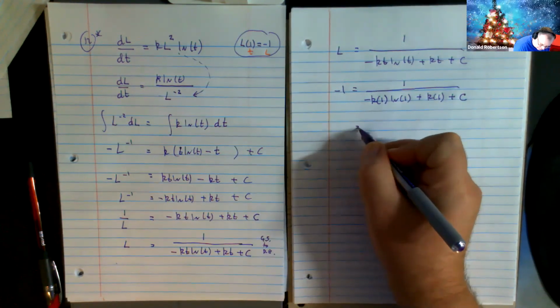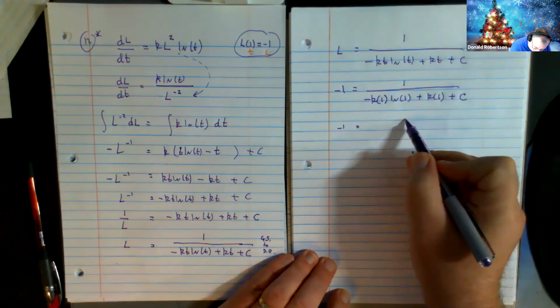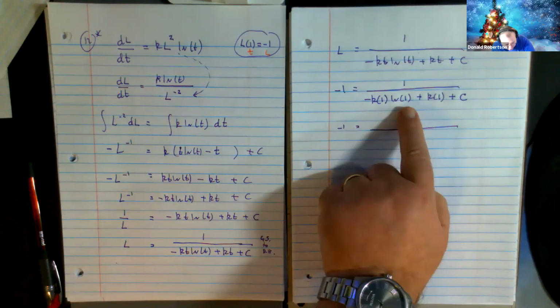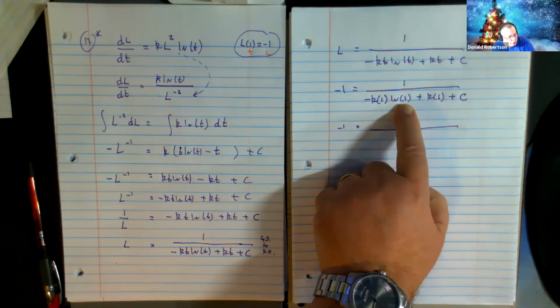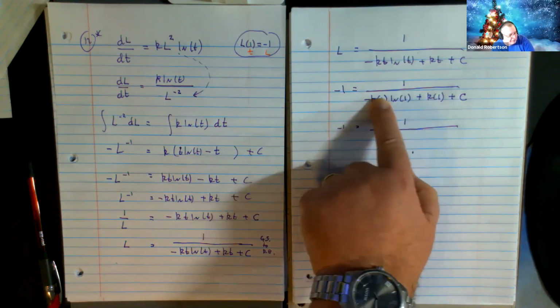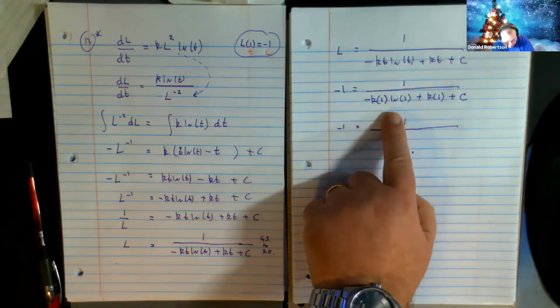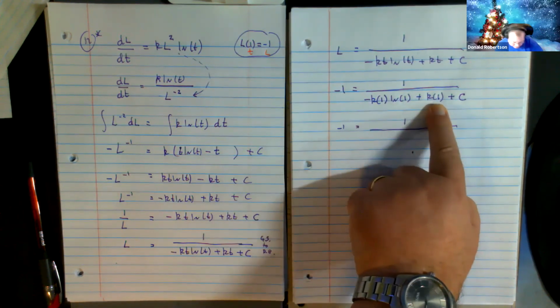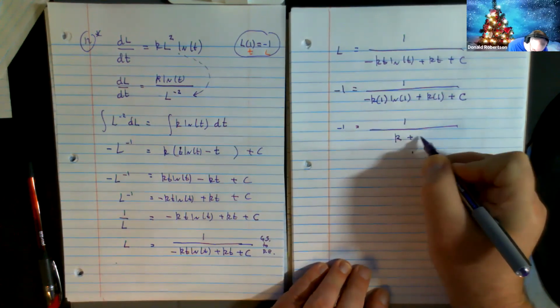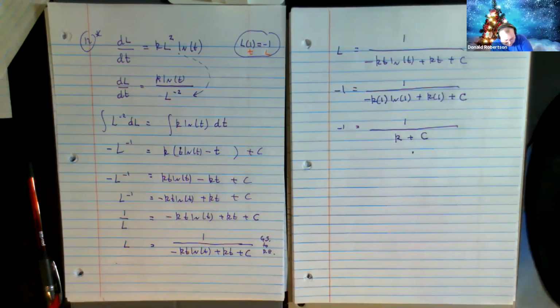But sometimes it's a good idea just to take small steps rather than try and do too much in one go. Would you agree that the natural log of 1 is 0, so that whole chunk there is just nothing? Right, natural log of 1. And k times 1 is just k, so what we've really got is that guy.